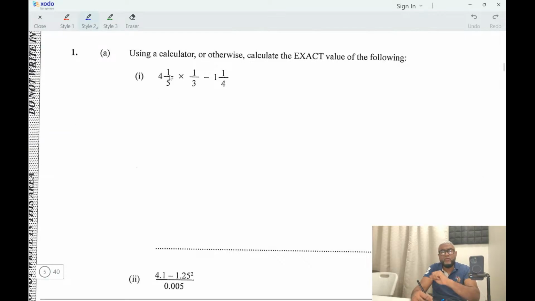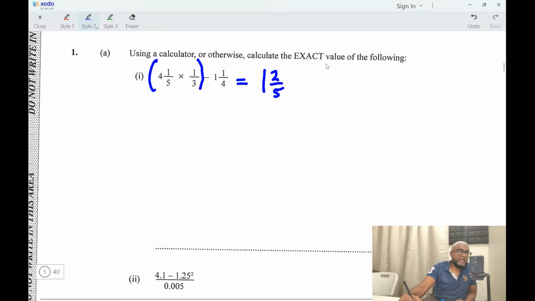So we have 4 and 1/5 multiplied by 1/3 minus 1 1/4. First, we multiply 4 and 1 over 5 by 1 over 3, because you have to multiply before you add or subtract. When I multiply these two, I'll get 1 and 2 over 5.